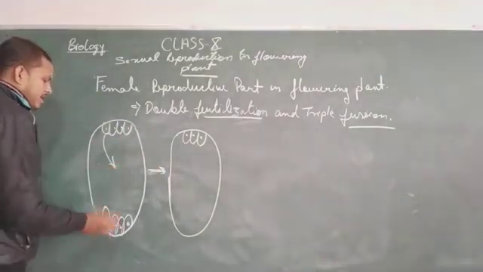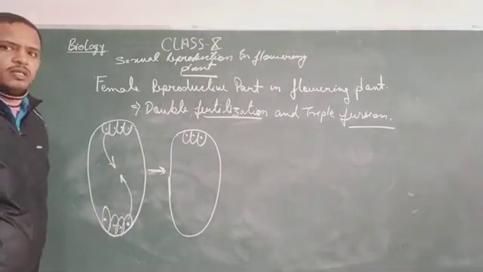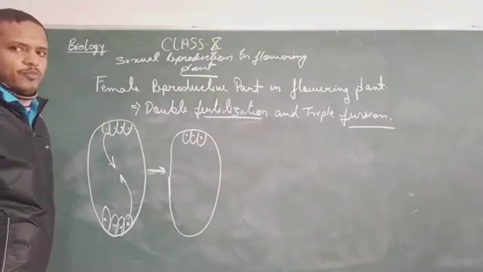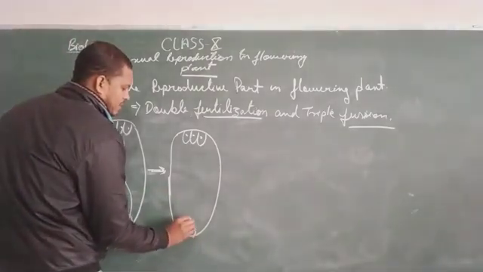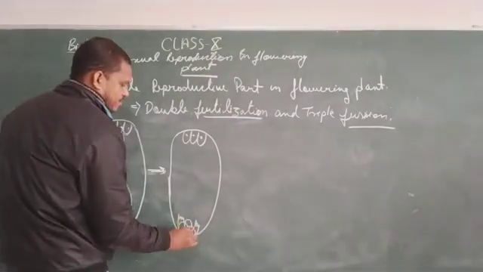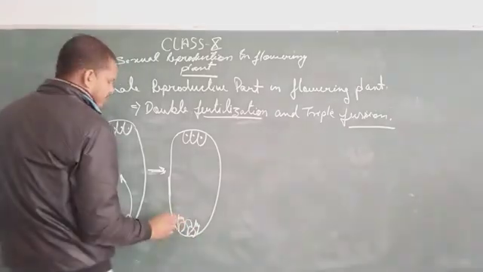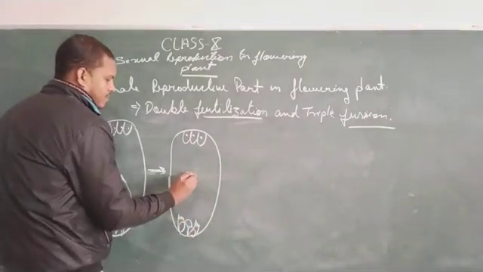One cell starts migrating from each pole towards the center. So the structure finally obtained is something like this, with the chalazal region here.